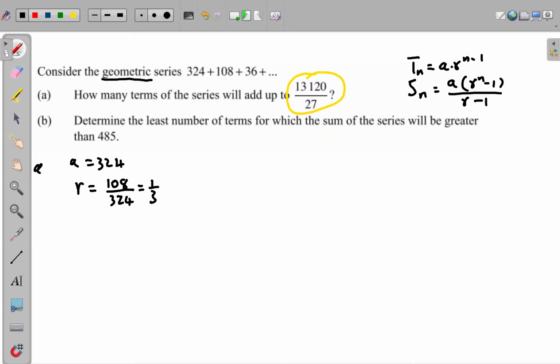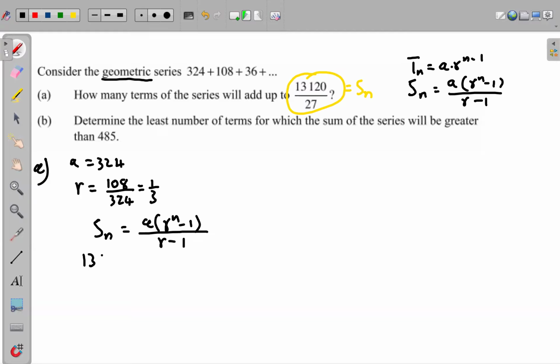So now we're going to do the following. I have already said it from the previous topic, calculating the sum of an arithmetic series, and we've come across a question like this. I have Sn, I must find n. So I know that Sn is equal to this, all over r minus 1.